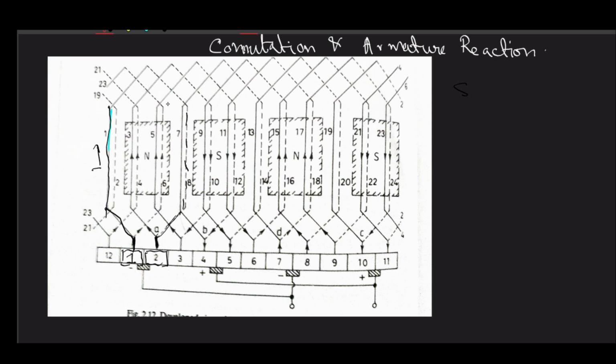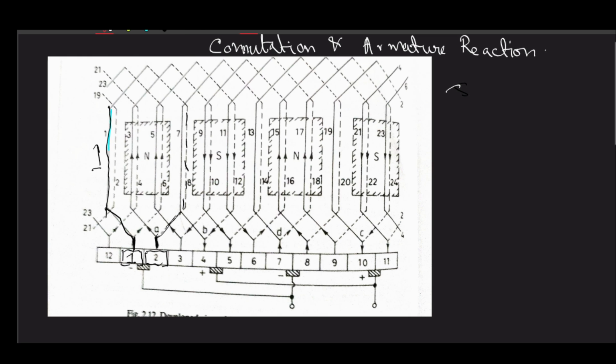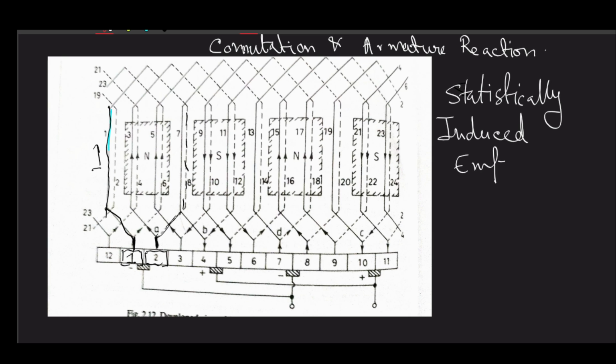One is statically induced EMF, like what happens in a transformer due to flux variation, or variation of current. That is also a case of flux variation.